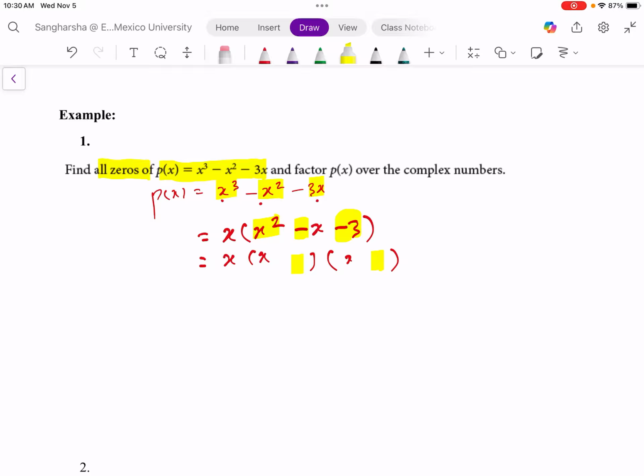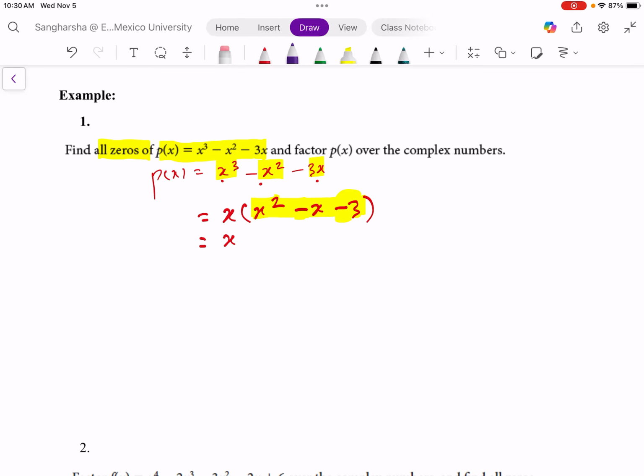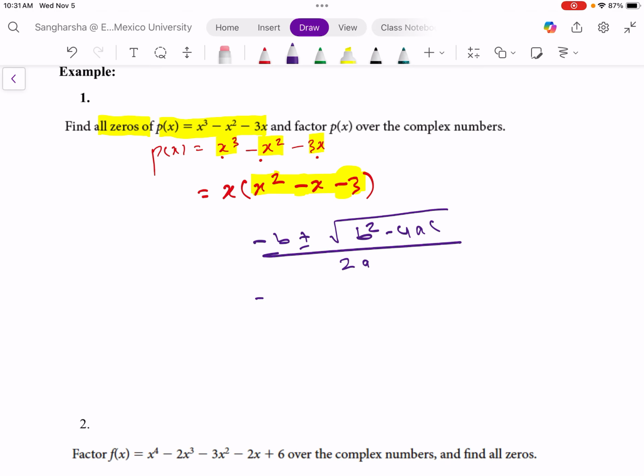So here we will use the quadratic formula to factorize this quadratic, okay? So let's use the quadratic formula, which is negative b plus or minus square root of b squared minus 4ac, divided by 2a. So our b is negative 1, c is negative 3, divided by 2 times a, which is 1.